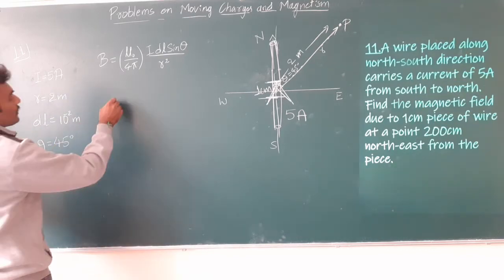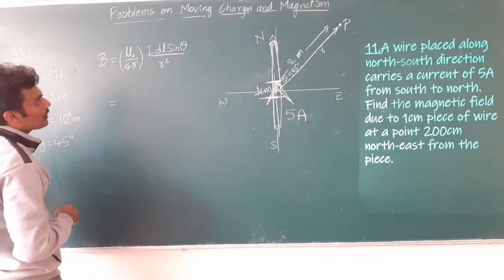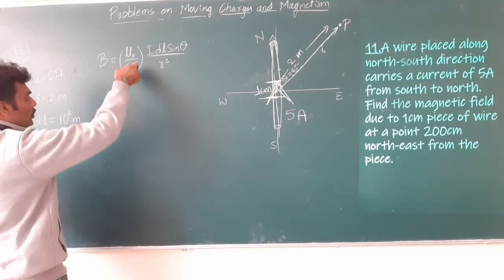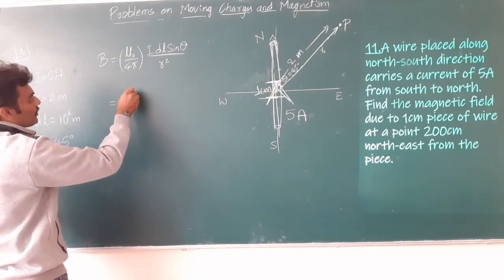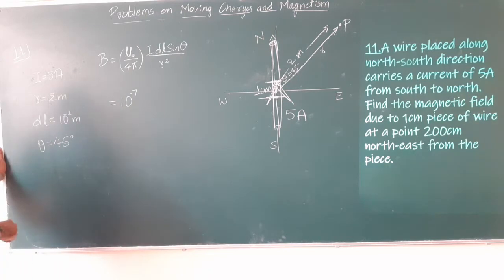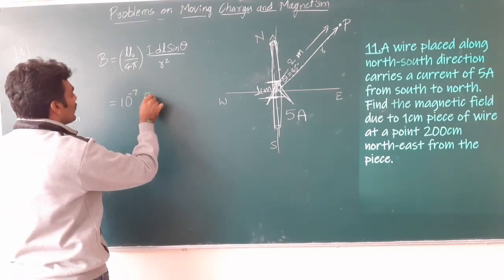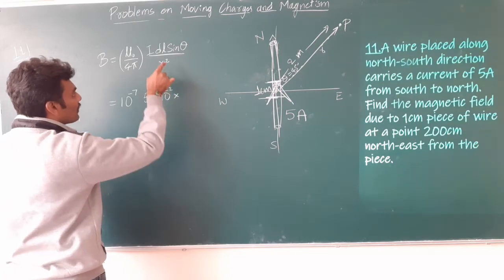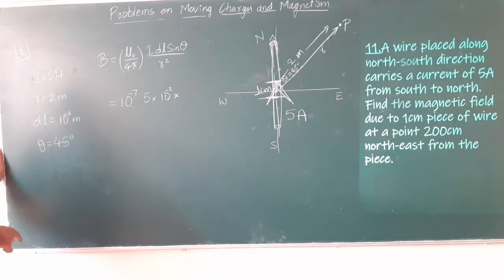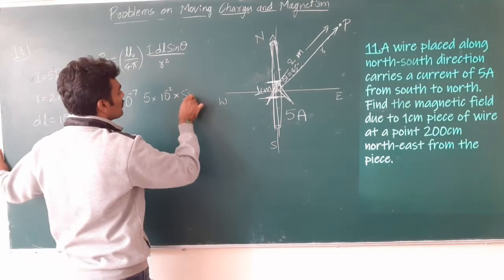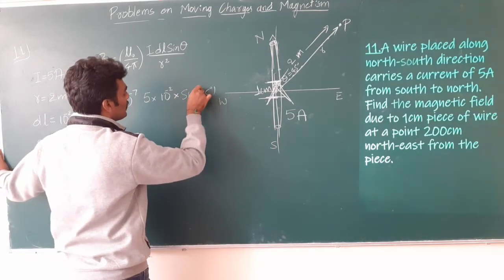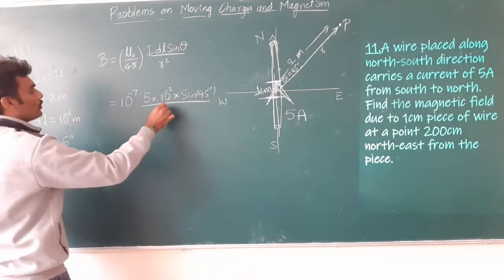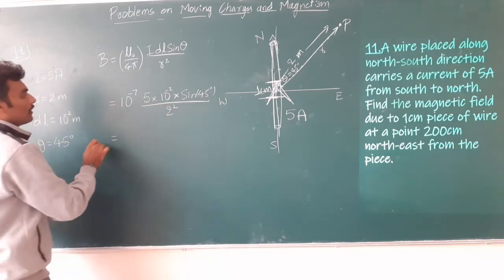Now you simplify for the solution. What is mu naught by 4 pi equal to? Mu naught by 4 pi is 10 to the power of minus 7. Current 5 ampere. The length element 10 to the power of minus 2 meter. Sine 45 degree divided by 2 squared.